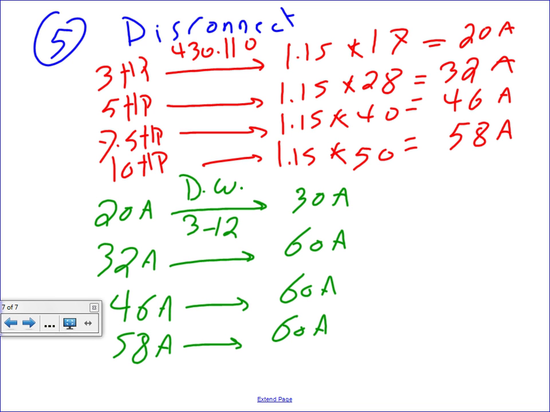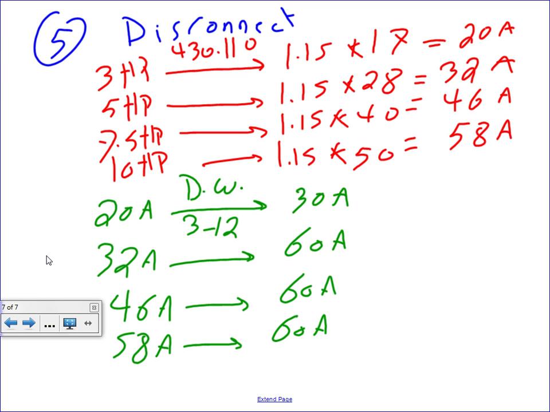You have to use a range, or DeWalt. Any question, guys, about this? Everybody got the disconnect sizes right in the middle of a page? Highlight them.